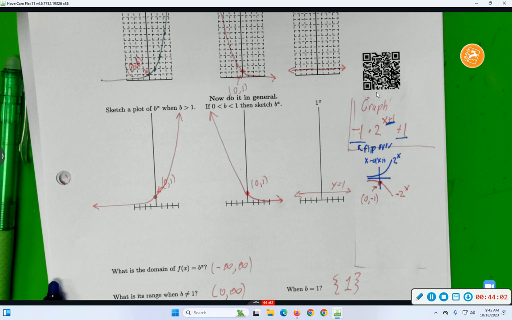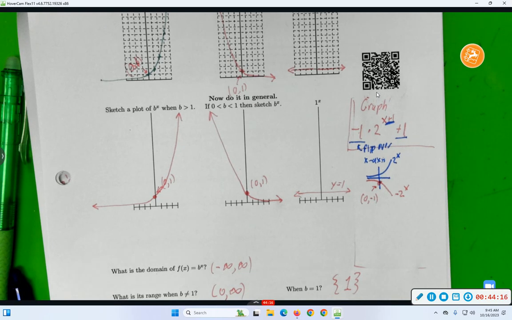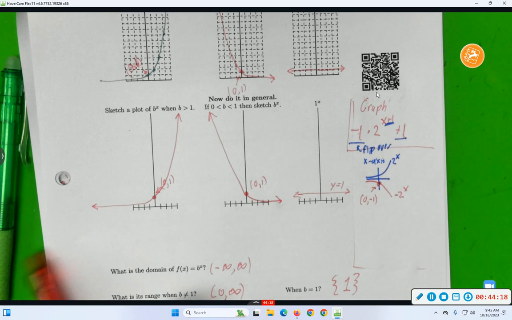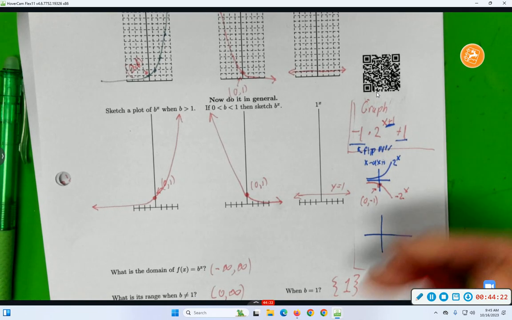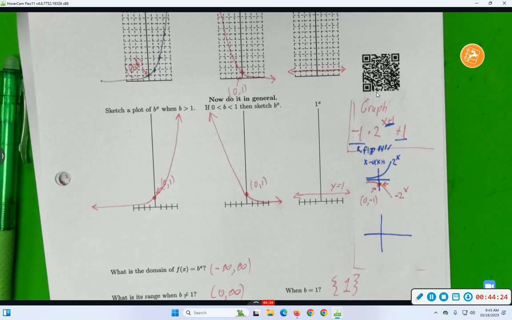All right. What's the next step that I need to do? I need to move that left by 1 and up by 1. And maybe I'll start by just tracking this point. 0, -1. If I go left 1 and up 1, where am I?